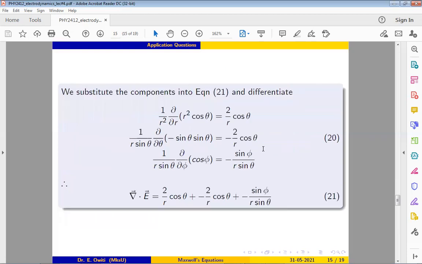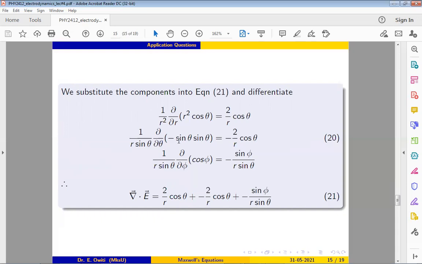So you can see the first term, the coefficient has been substituted and differentiation process done, and you get 2 over R times cosine of theta. The middle term the same, you substitute that coefficient, which was minus sine theta, and that sine theta was part of the equation.